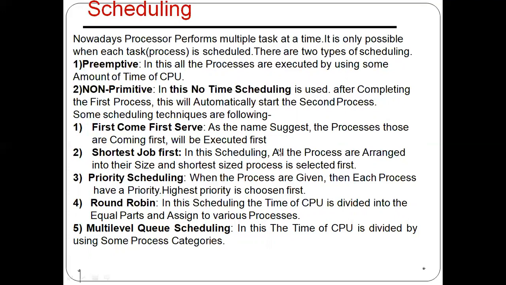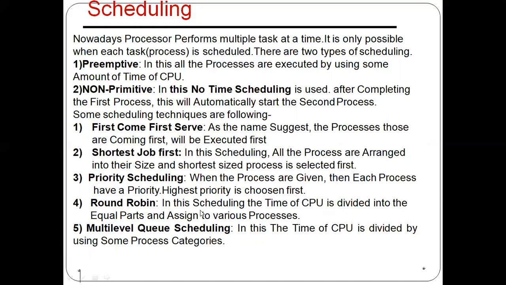In this scheduling, all the processes are analyzed by their size, and the shortest process is selected first. Whichever is the smallest, that task executes first. Third, priority scheduling. When processes are given, each process has a priority, and the highest priority is chosen first.